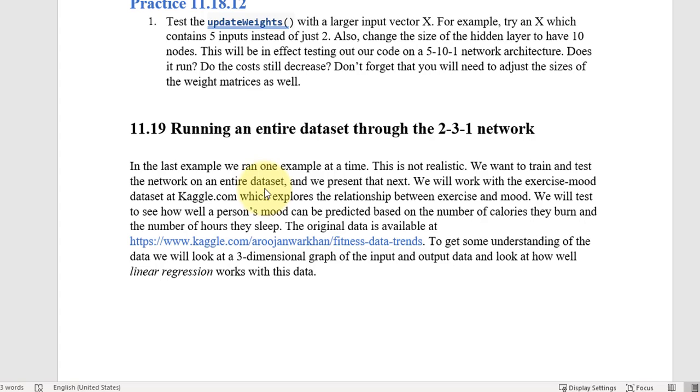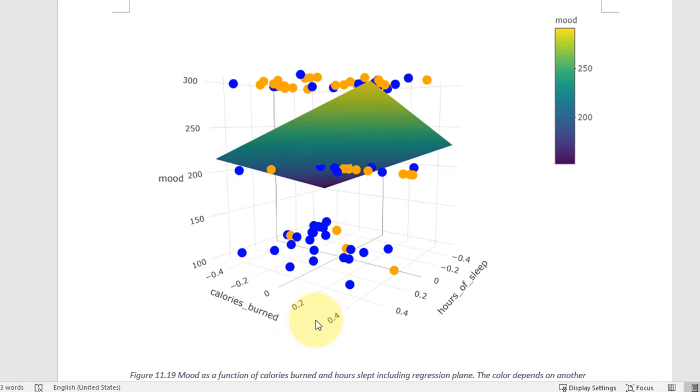Then we want to finally run an entire data set through the network. We're going to use a different data set this time. One input is going to be called calories burnt, and the other is hours of sleep. And the variable that we're trying to predict is mood.